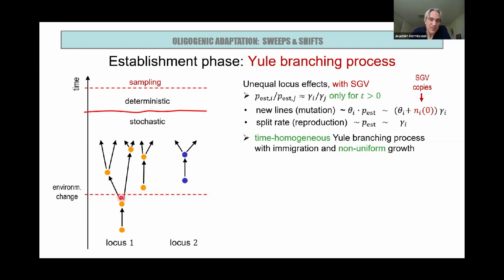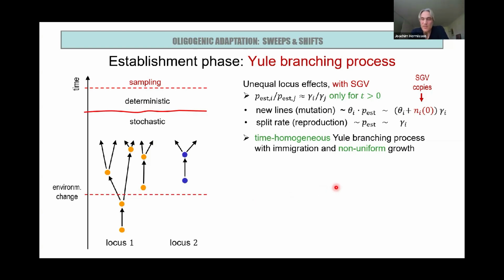Before, we have always assumed that we start way back in time with 0 copies at all these loci, and then just go forward in time. Now we don't do this anymore. We start here at time 0, at the time of the environmental change. And then what we need to do, of course, is to account for all the lineages that are already there.